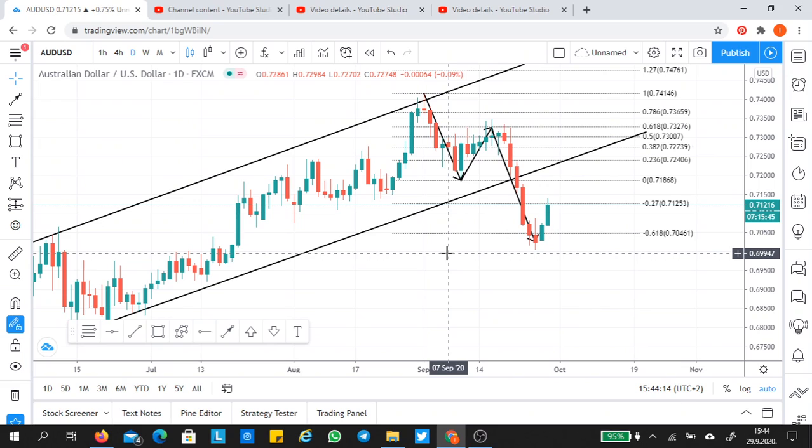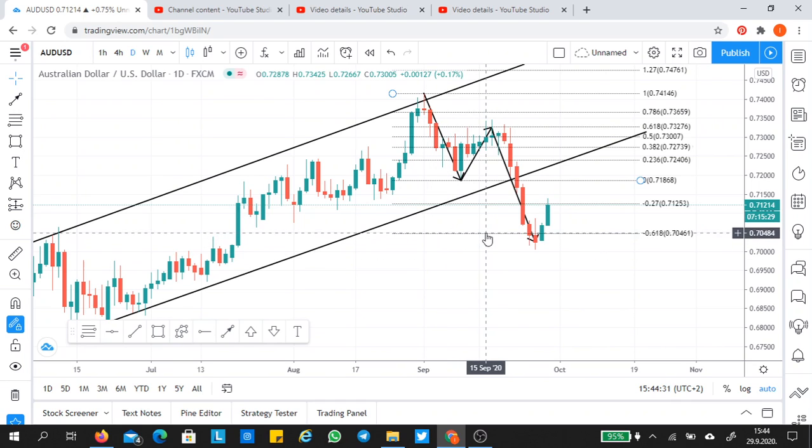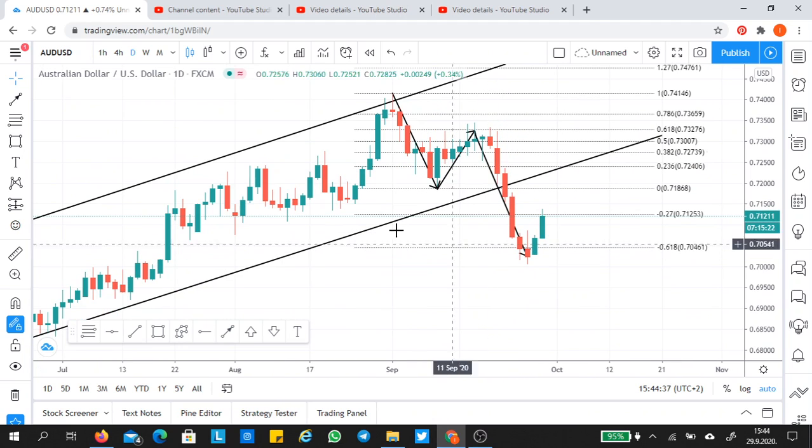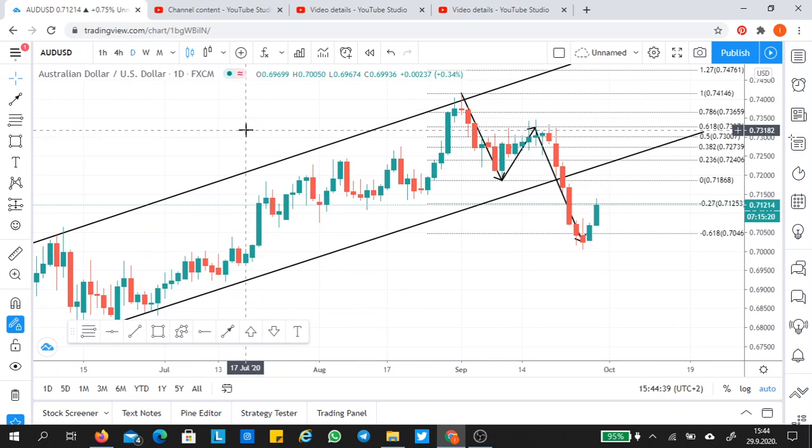And as you can see, for I don't know how many times, if we follow these rules, we know exactly where to enter and where our stop loss is and where our take profit is. So here we also see where the market reversed. The market is really respecting the Fibonacci numbers.